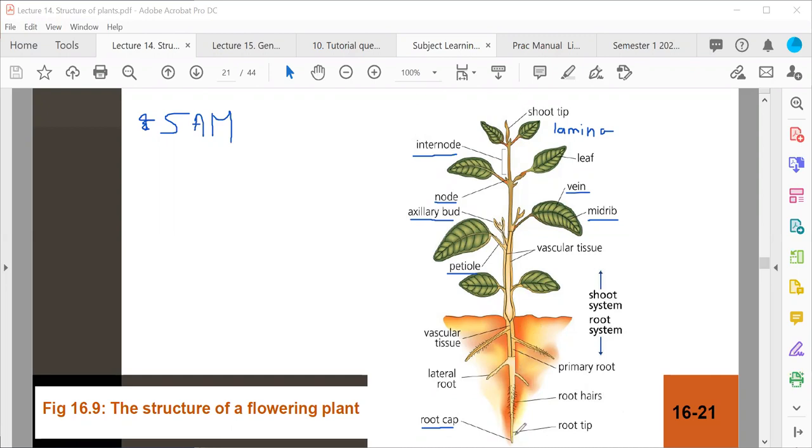Just behind the root cap, we have a region here called the root tip. And within the root tip is where you'll find the root apical meristem cells. All right, just behind that, we have some root hairs, not to be confused with lateral roots or root branches that you can see here.